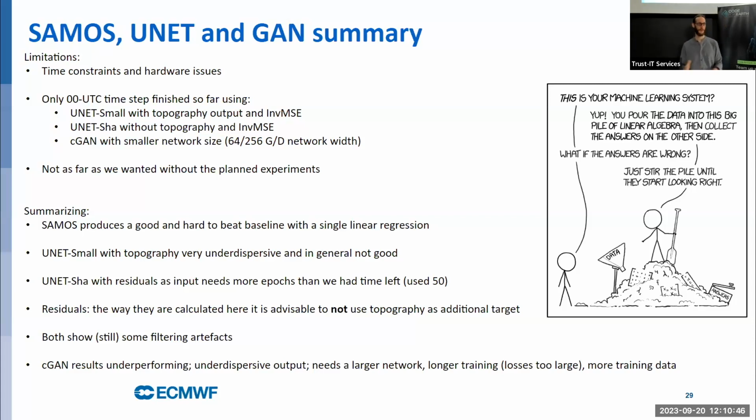To close the loop, what we initially wanted to do was to predict 3-hourly data, not hourly data, for 8 times: 00 UTC, 03 UTC, etc. Due to the time limit, we only managed to complete the 00 UTC, and even this only with limited architectures: some experiments with the U-Nets and the conditional GAN, only with a smaller network size than what we initially wanted.